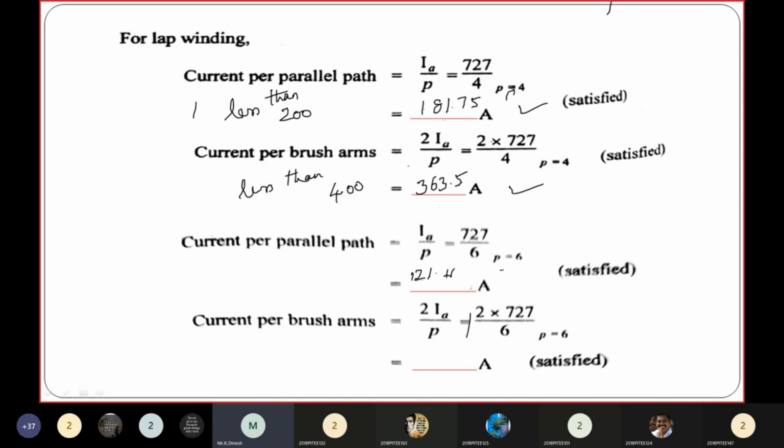So this is also satisfied. Next, 2 into 727 divided by 6. So 242.33. So this is also satisfied. Now we have a confusion: P equal to 4 is one choice, P equal to 6 is another choice, and both satisfy. With this assumption, which poles can we choose?